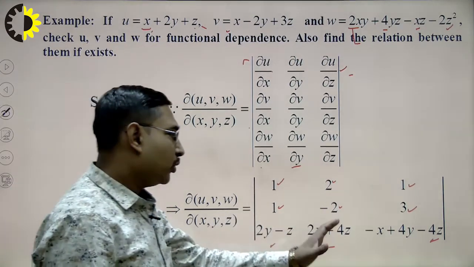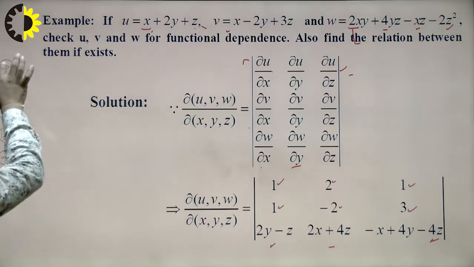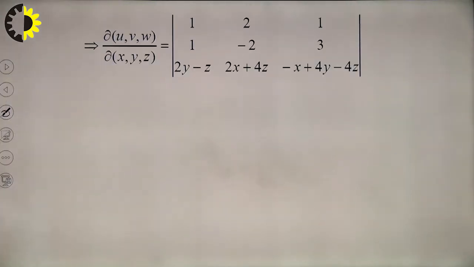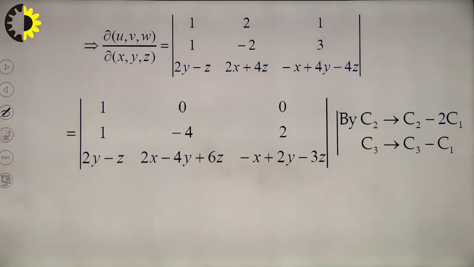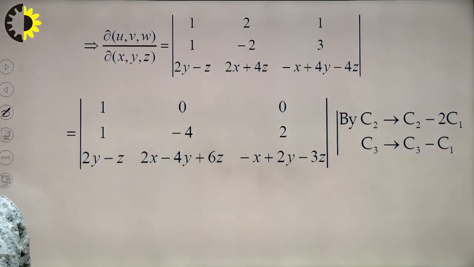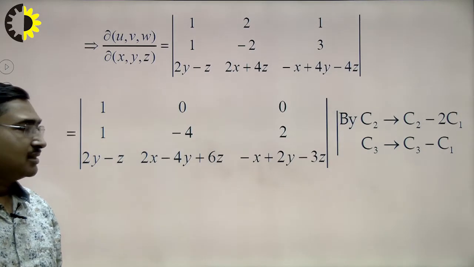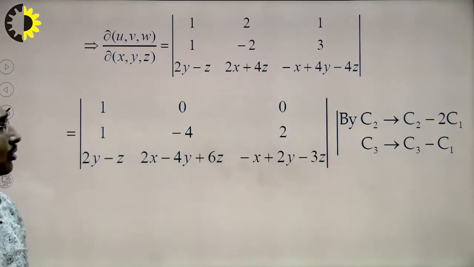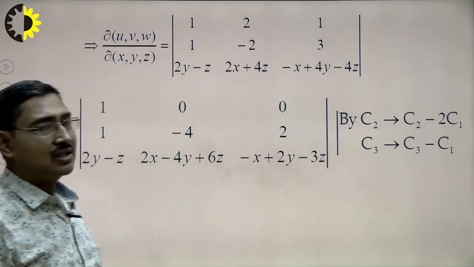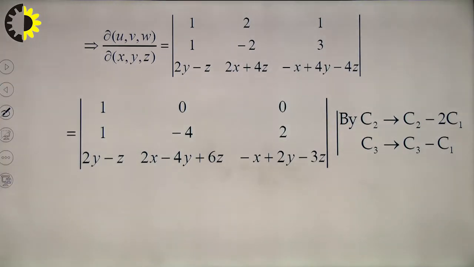Now we are going to simplify it and check whether its value is 0 or not. This is the expression for our Jacobian. Now I want to simplify this. One way is to expand directly, but we know that expanding a determinant directly sometimes becomes tedious, and therefore we apply suitable transformations to introduce 0 at various places.